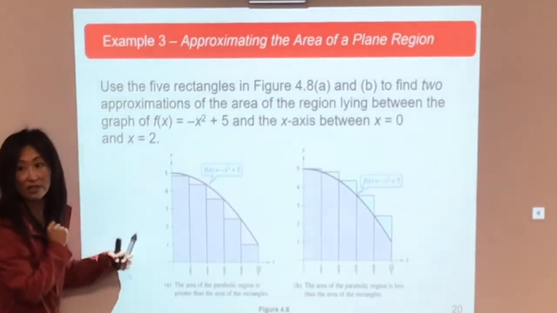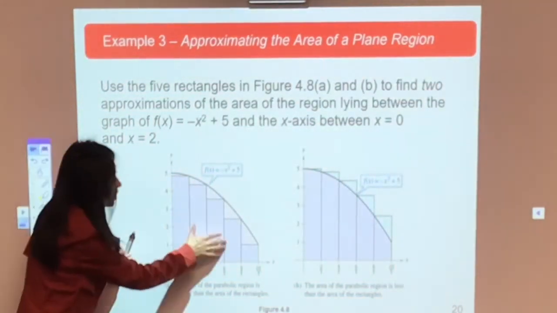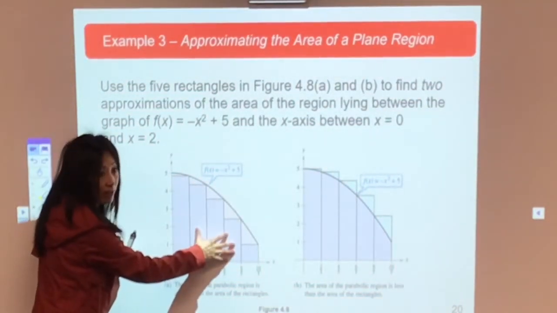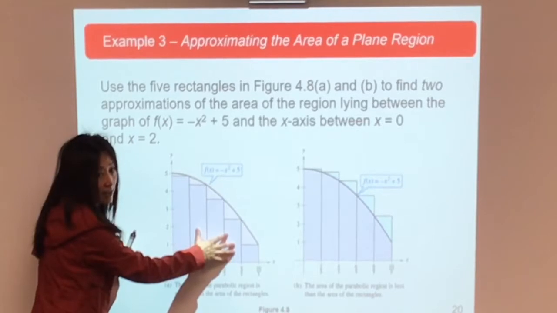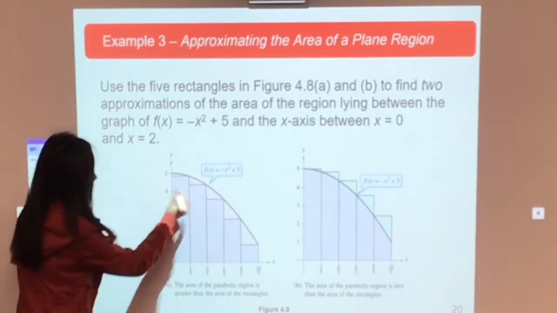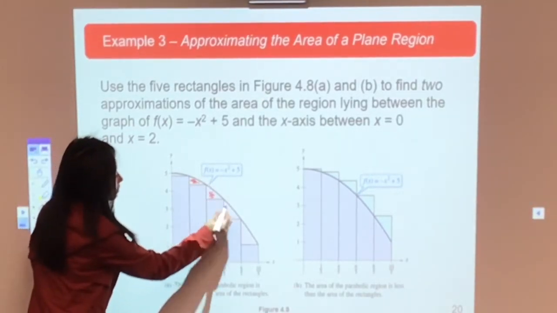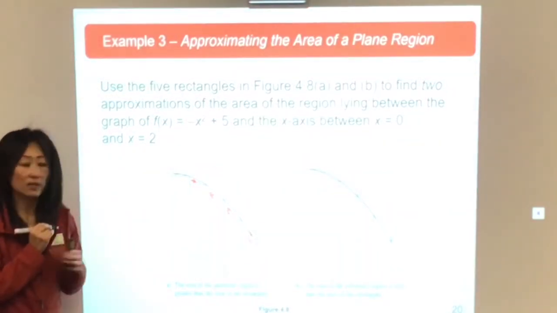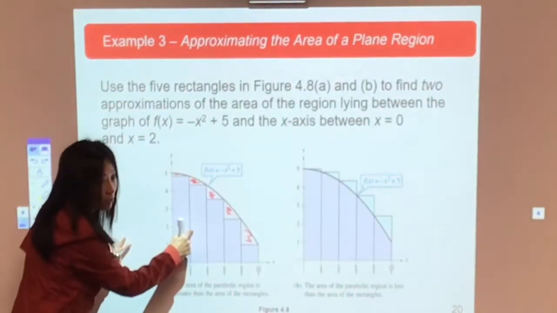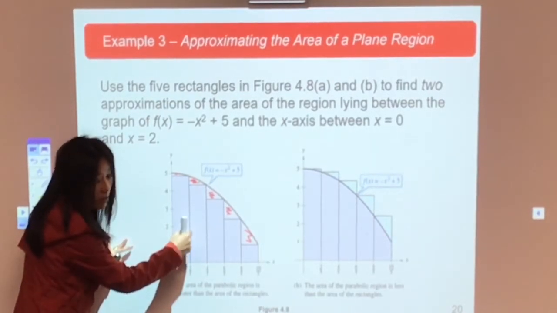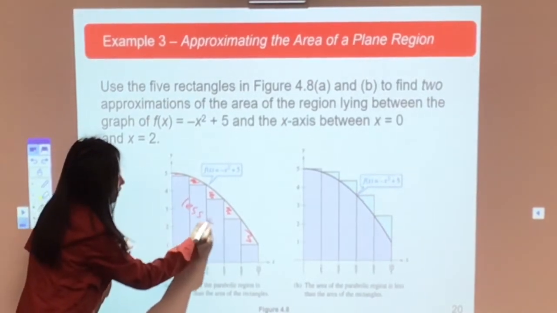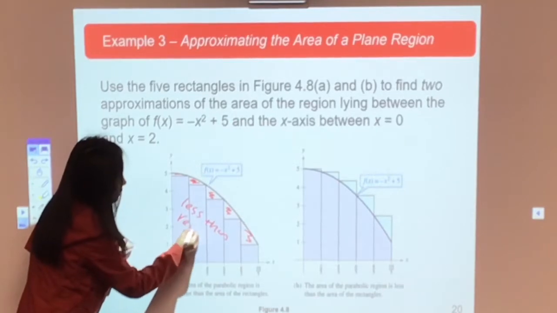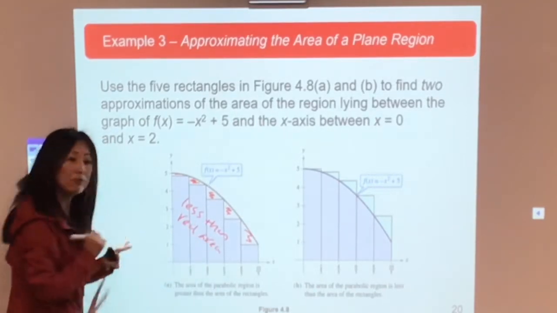Are they pretty close? Yes. But is this area bigger than the real area or less than the real area? Less than. Why? It didn't cover this part, didn't cover that part. So this rectangle sum, which is a lower bound, is less than the real area. Are you with me, class?